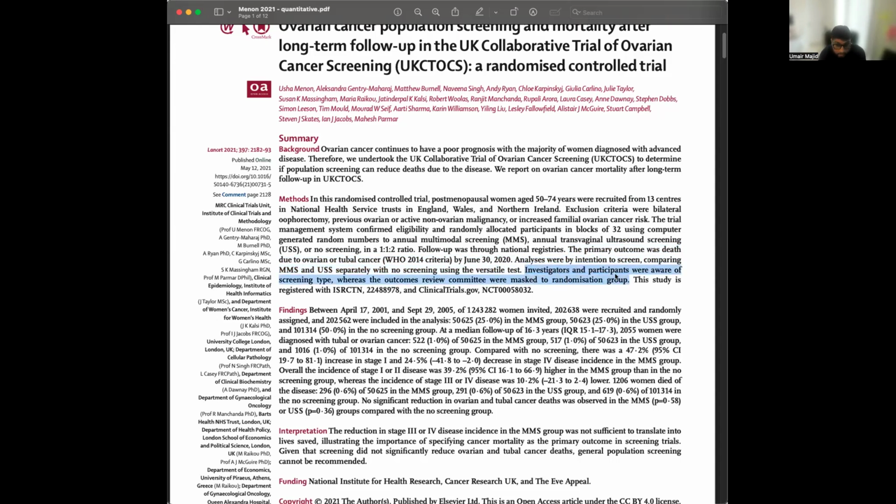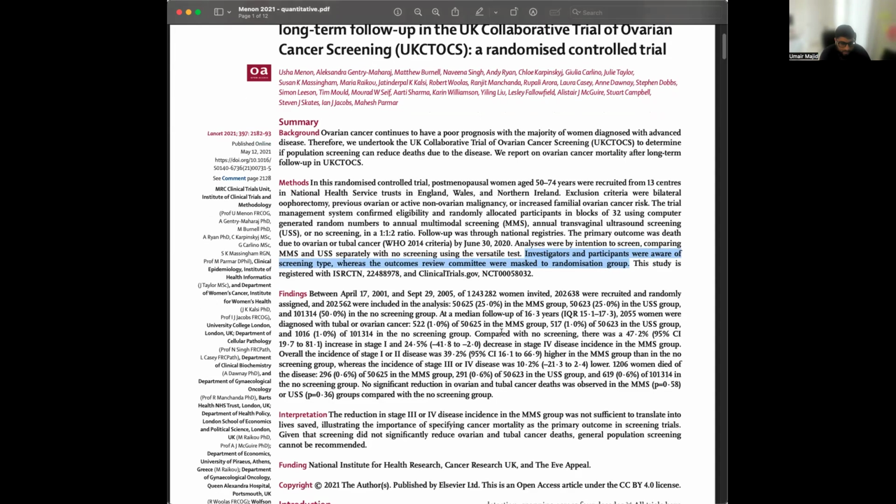So investigators and participants were aware of what screening type they were getting, but the outcomes review committee were masked, blinded to which group they were looking at. So we're looking at MMS, USS, or no screening. All methods, recruitment, data collection, data analysis, all kinds of methods.